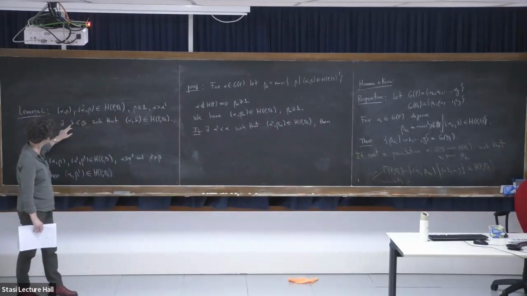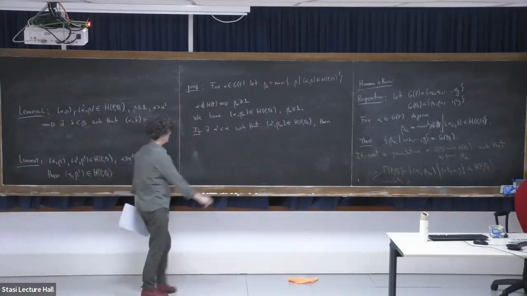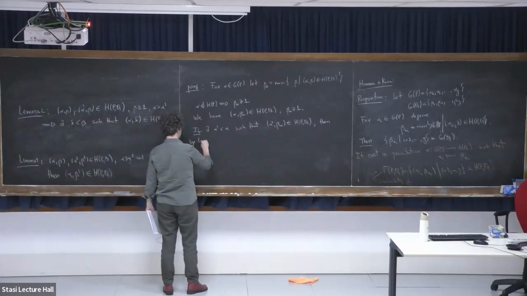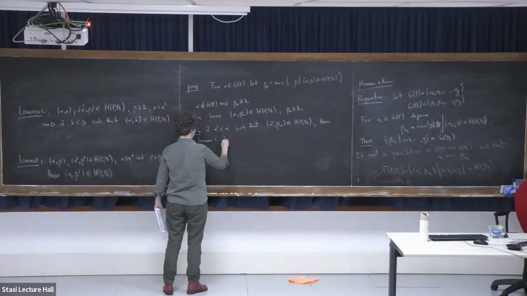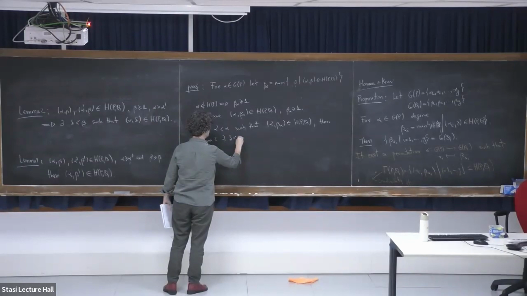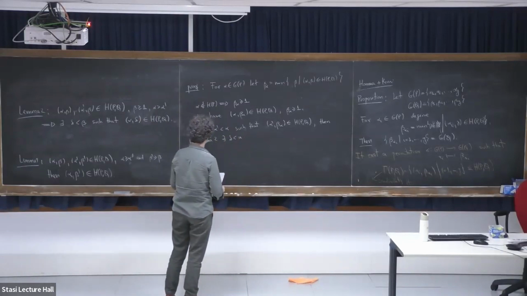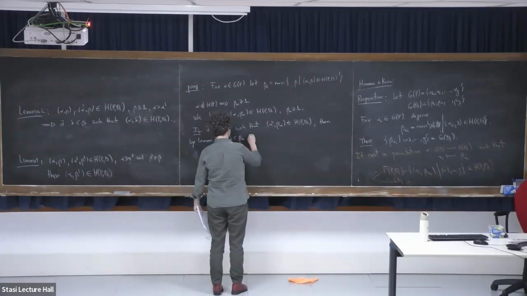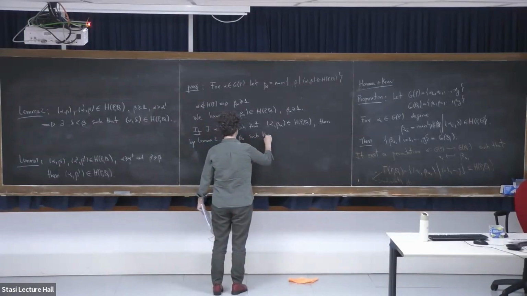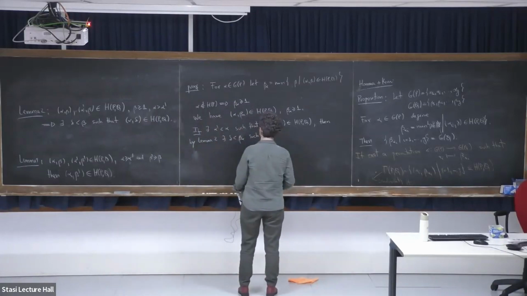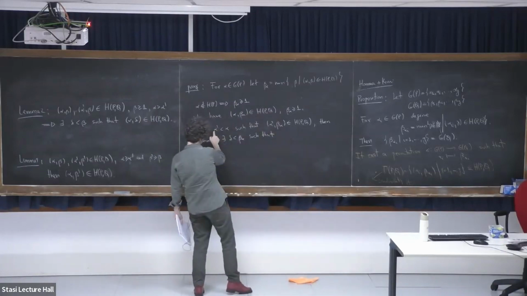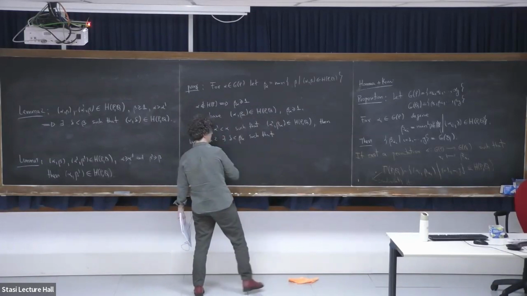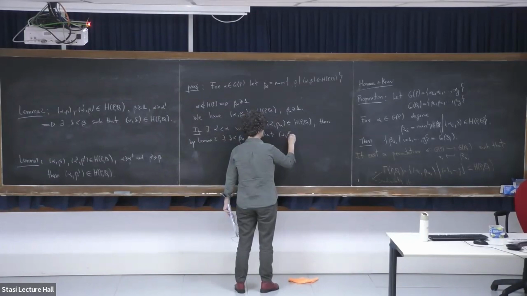So I know there is someone smaller than alpha. Then by lemma 2, there exists a delta smaller than beta alpha, such that alpha delta should be here.